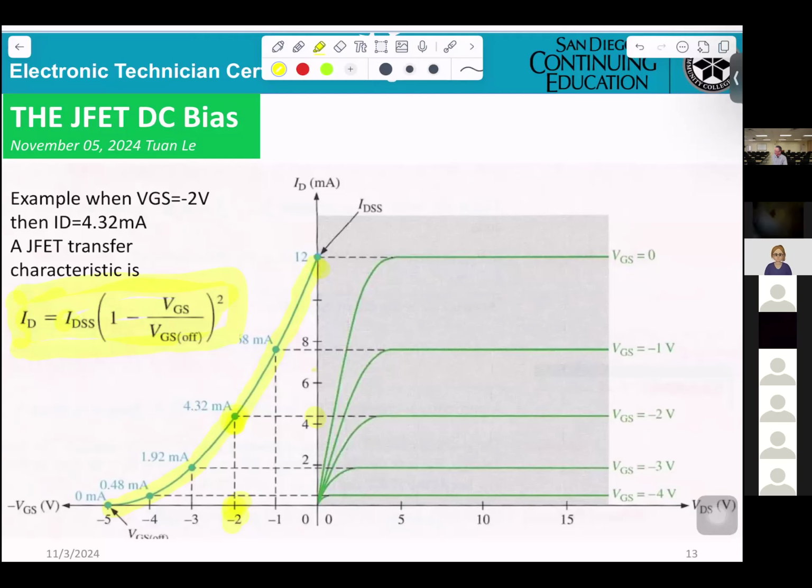ID equal IDSS times 1 minus VGS over VGS off, squared. That's the formula you need to know in order to calculate the ID, if they give you IDSS, VGS, and VGS off.